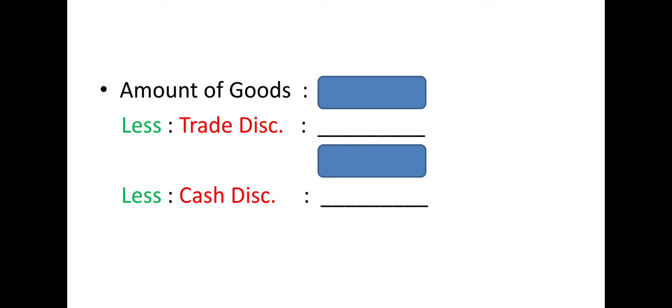Suppose the amount of goods is given in the question, then first we will deduct trade discount out of that, and on the remaining amount, meaning on the net amount, we have to calculate cash discount if the transaction is a cash transaction. So TD will be deducted first and thereafter cash discount will be deducted.